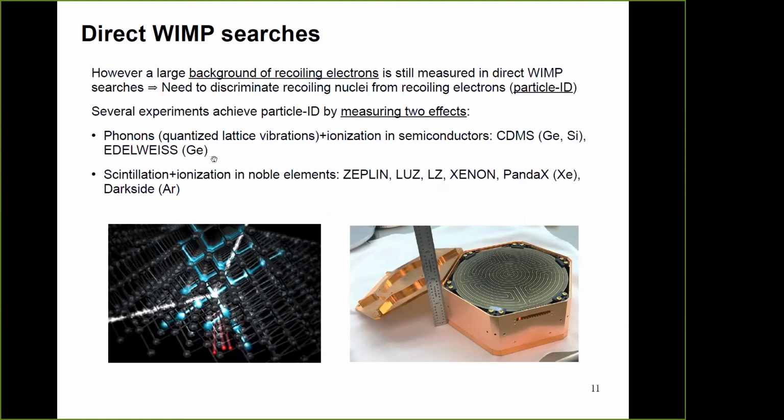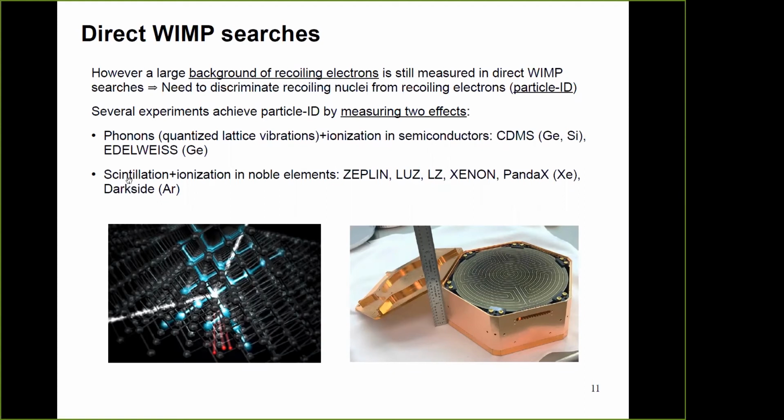Phonons are quantized vibrations of the lattice, because they are solids, and by measuring the two quantities, you can have some discrimination between the two recoiling particles.